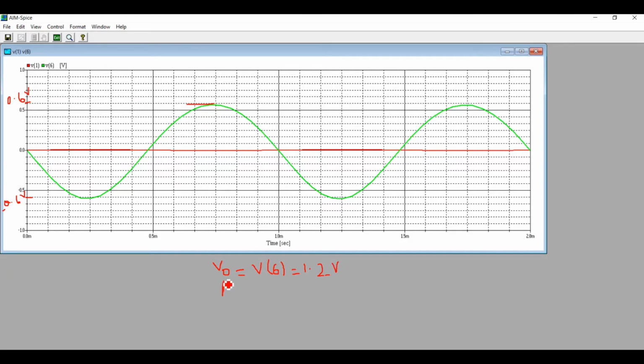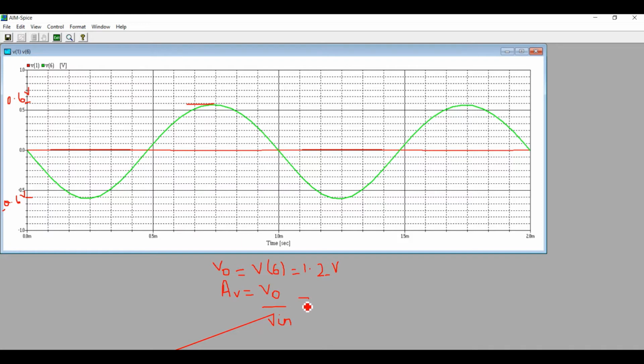AV, that is voltage gain, is equal to VO divided by VI.